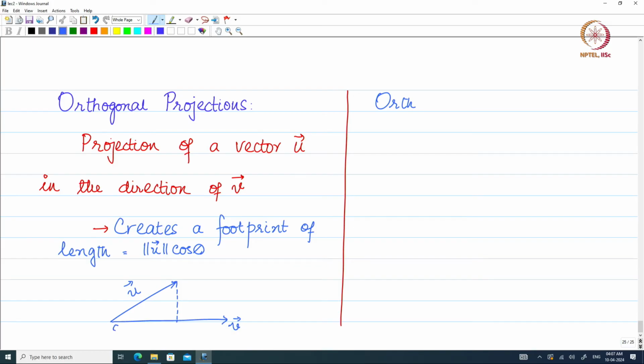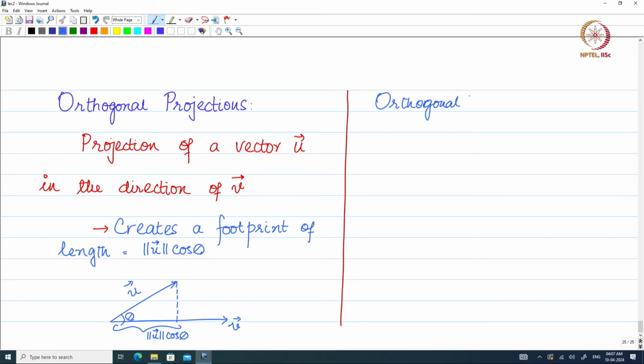So, what is the length that I am going to get? I am going to get this length which is u cos theta along the direction of v. Is that okay? That is what we are going to look at, the orthogonal projections.